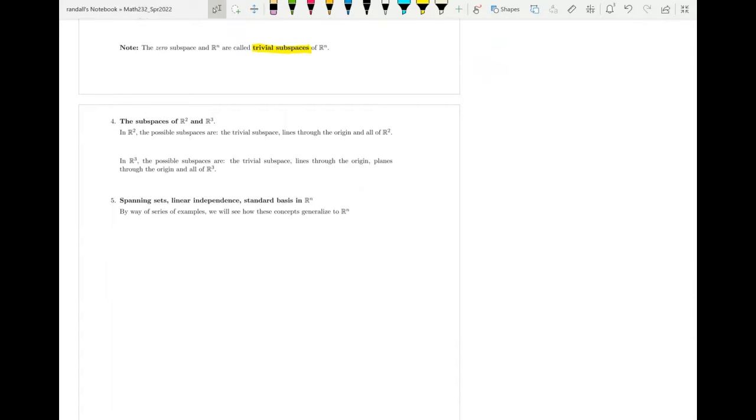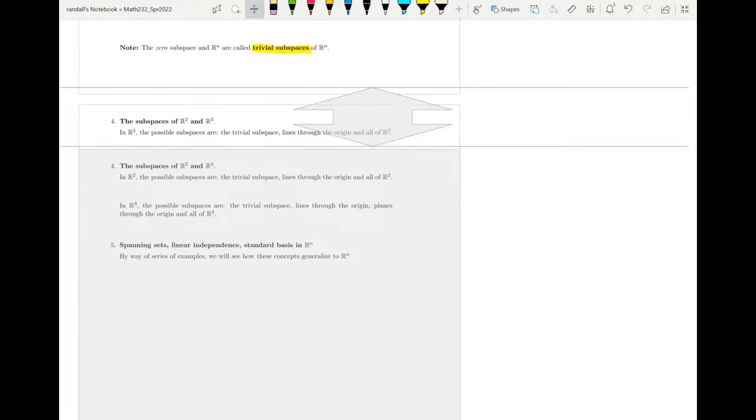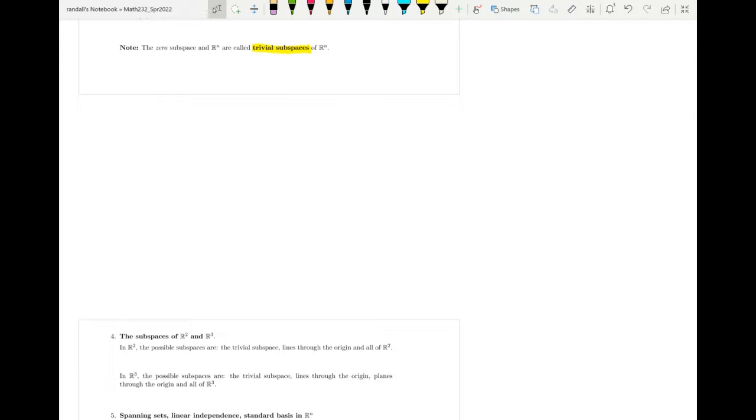Okay, so these lead us to this picture here. What are the subspaces in R2 and R3? Well, in R2, I can make a pretty good sketch. As we've just seen, we have the 0 vector. There it is.